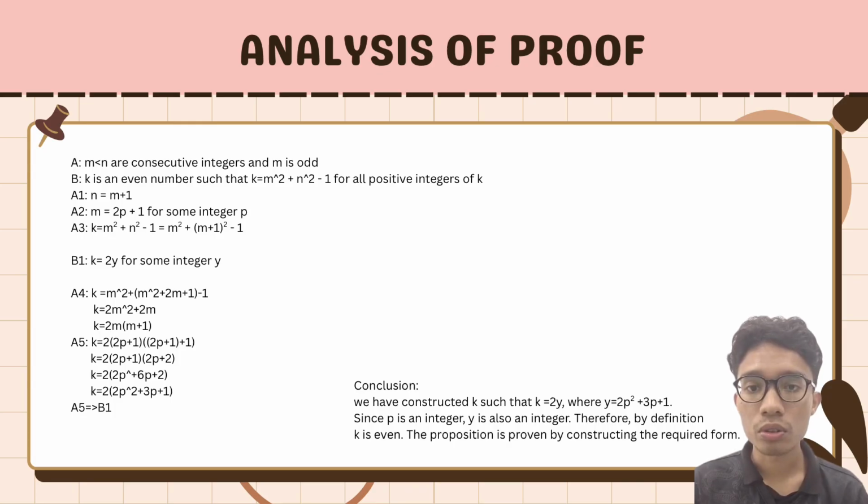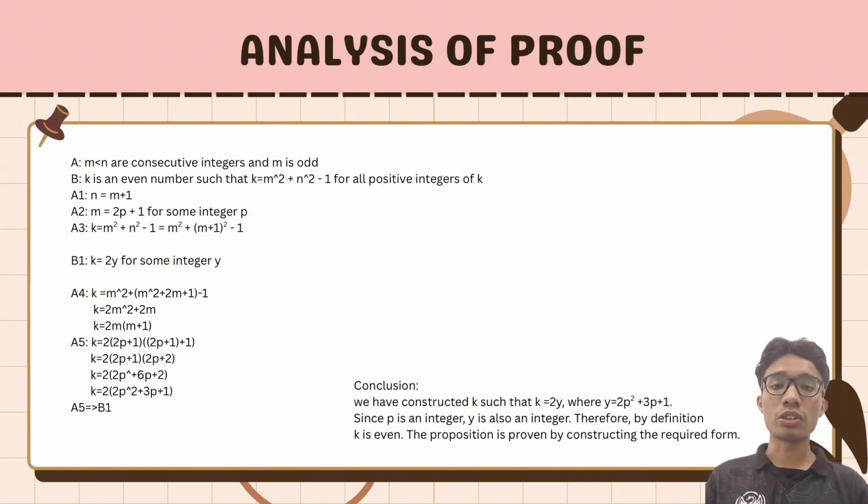k equals 2(2p plus 1)(2p plus 2). k equals 2(4p squared plus 6p plus 2). And then k equals 2(2p squared plus 3p plus 1).